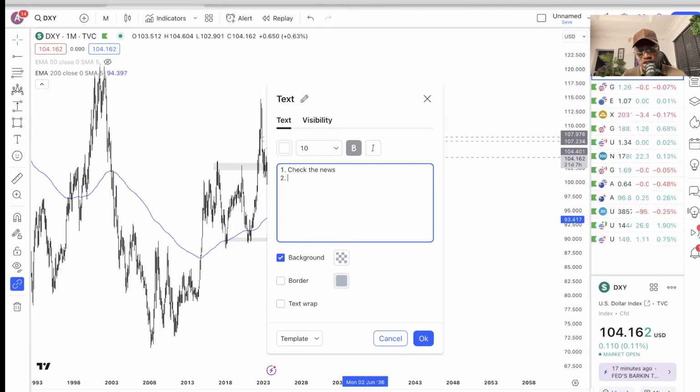So that's the first thing you want to do. You want to look at the news and understand, is the economy of this country doing great, or is it contracting? Is the currency going to reduce in value? Is it going to increase in value? Are the Feds trying to increase the rates? What's the central bank of this country saying? That's what you want to look out for.